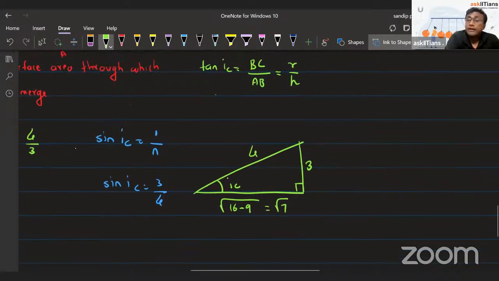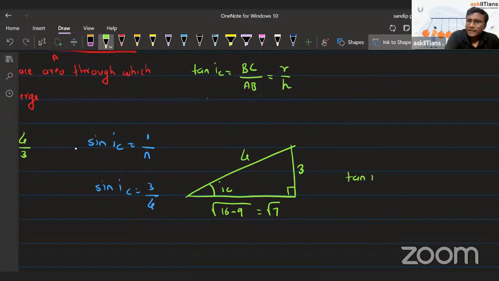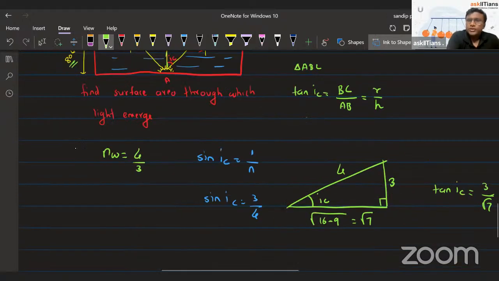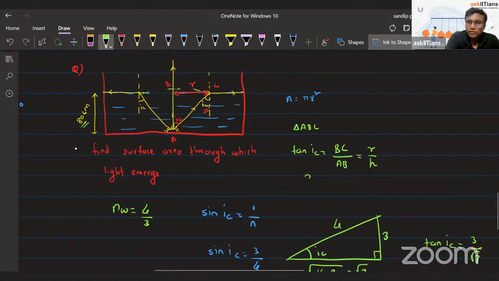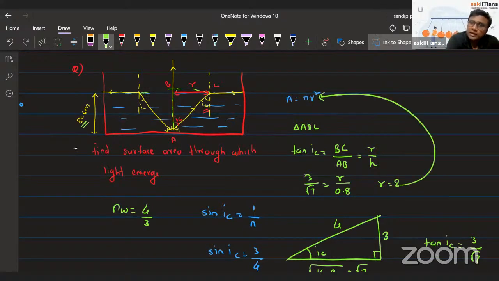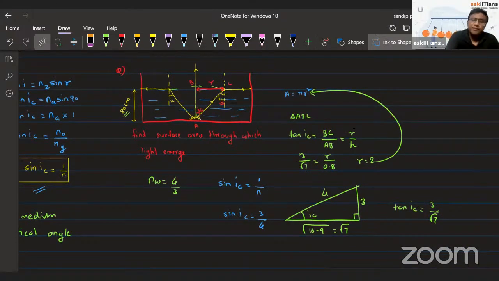Then tan IC is opposite upon adjacent, 3 upon root 7. Substitute here. R you need to calculate, H is 80 centimeter, meaning 0.8. You'll get R from here, substitute R here, and you'll get the area. So this is the process you can solve this by.